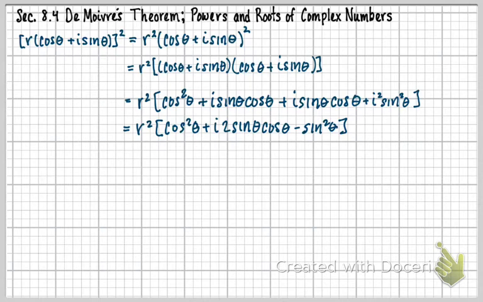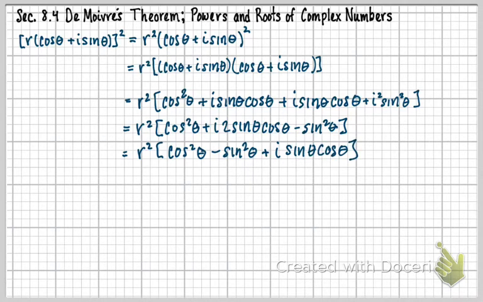So that's why I get negative sine squared for that one. Now I'm just going to rearrange my trig functions here, and the reason I'm doing this is because I'm setting it up to use trig identities.